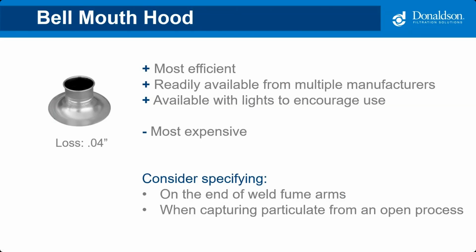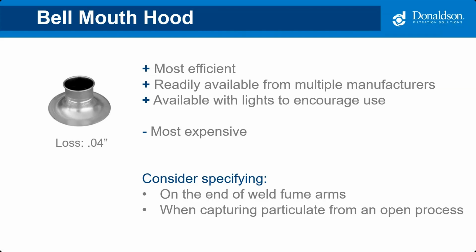And the basic idea of a bell mouth, if anyone's familiar, it's basically the same as the end of a trumpet or a brass instrument. And it's very efficient at moving dust coming into it for the same reason that they're selected for sound leaving a brass instrument. These are also recommended even if you're doing ambient weld fume, and sometimes you see square duct.